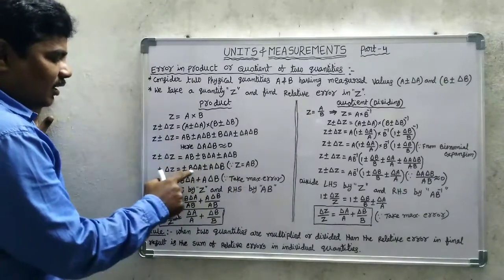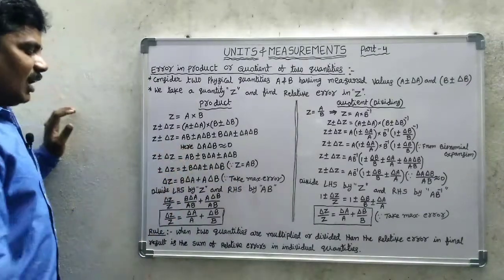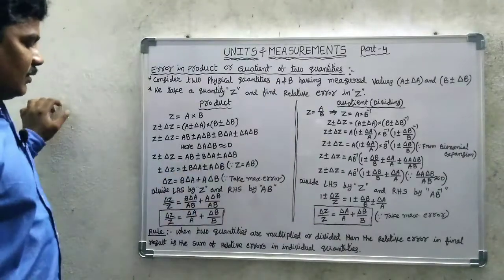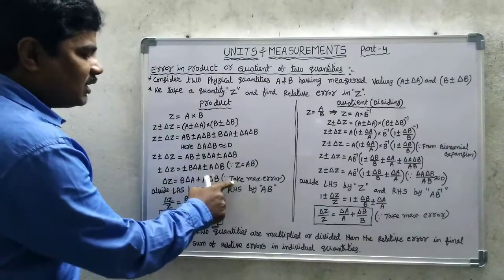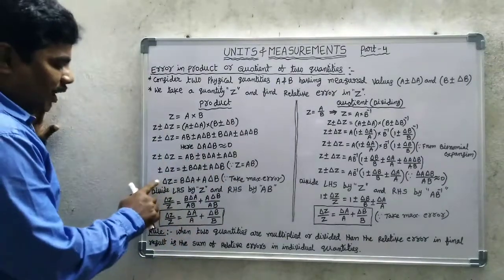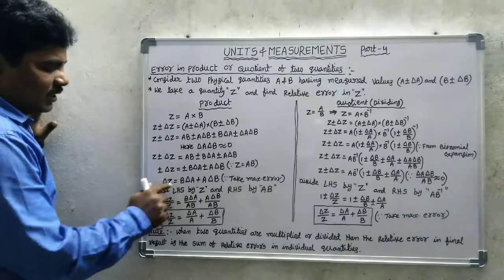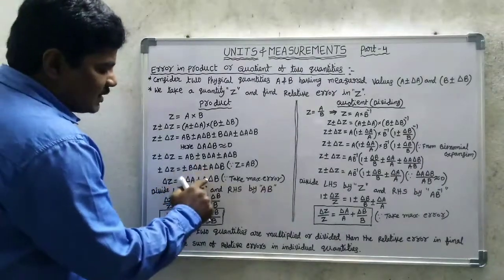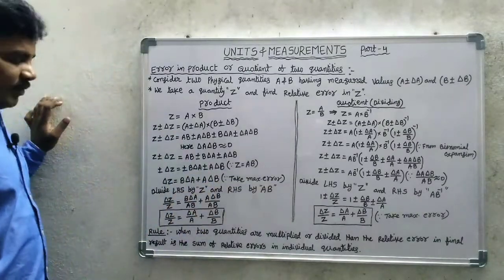That AB, this AB will be cancelled. So that's why we get this step. Here we consider maximum error. So we take only positive sign. So delta Z is equal to plus B delta A plus A delta B.